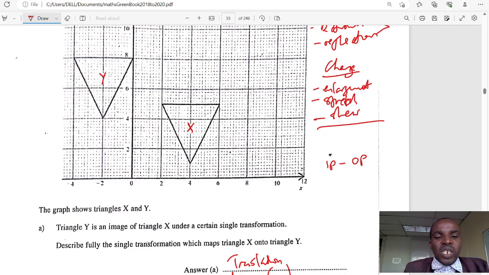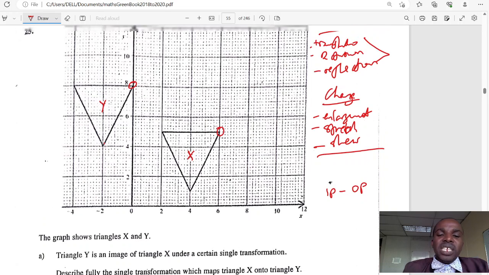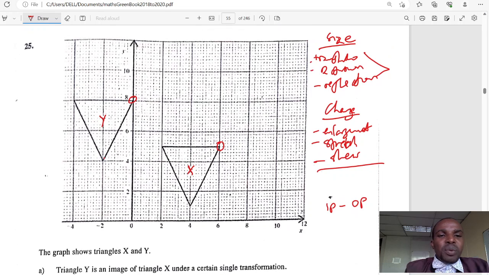So what is the image, which one is the image here? X onto Y. So image, so you can take this point. Is the same as this point, right? These are the points. So image is this point, which I can say here is x0, y8. That's the image point minus original point.